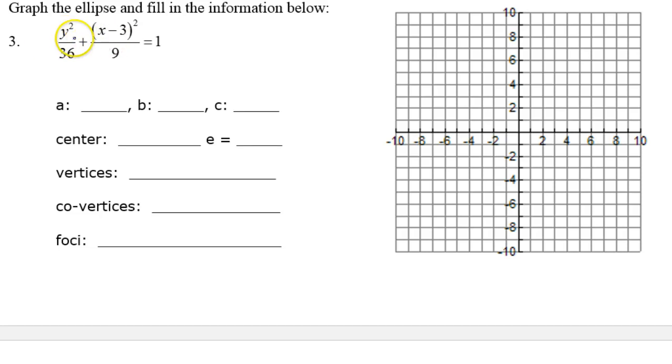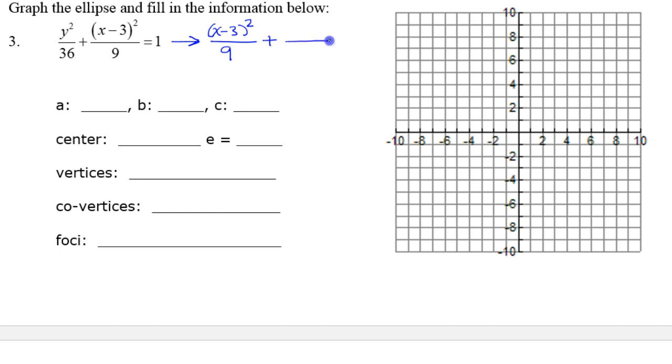I'm also just noticing that this is sort of backwards from what we're used to, and that's bothering me, so I'm going to change it. Normally we put the x term first, so I'm just going to use my prerogative and rewrite it. So I'm going to put the x term first like we normally do.